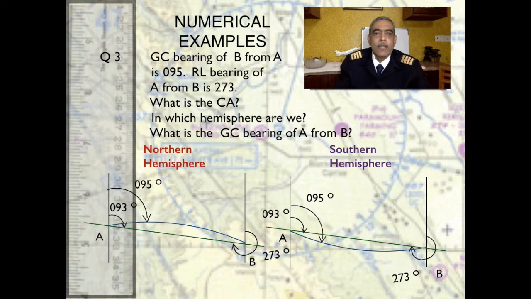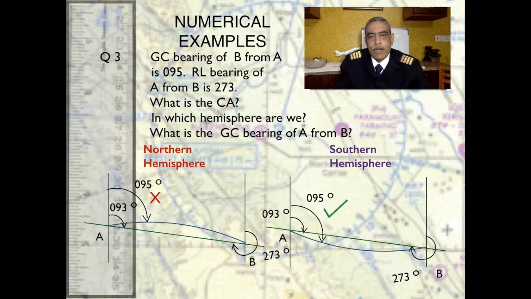Now if you study the northern hemisphere diagram, the great circle track is 095 and the Rhumb line track is 093, which lies further to the right of the great circle track, which is not possible. So therefore the place is not in the northern hemisphere. So now we understood that the places are in the southern hemisphere.